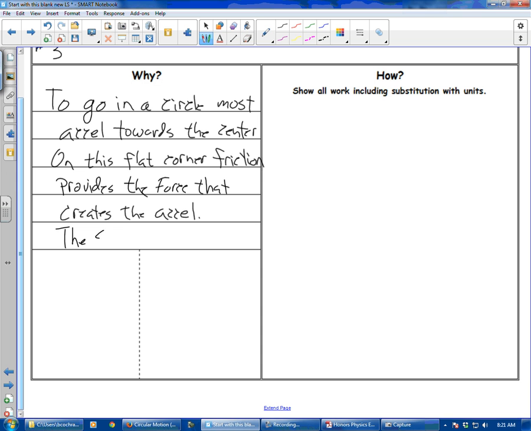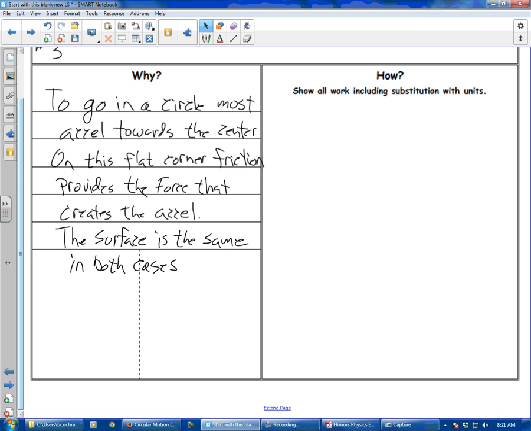I'm going to put that the surface is the same in both cases. And that's because the one thing that they need to share in common is what's creating the frictional force.